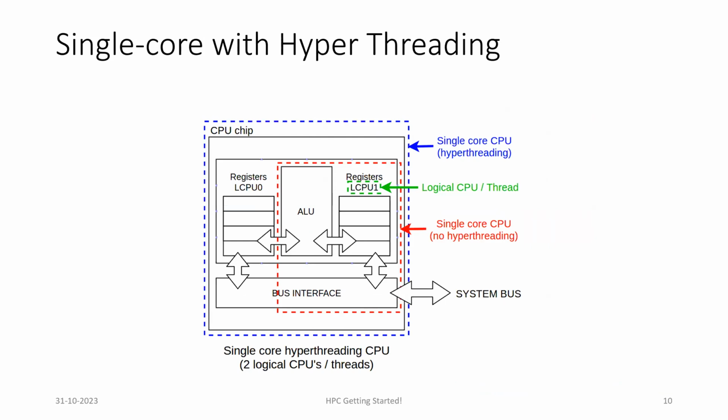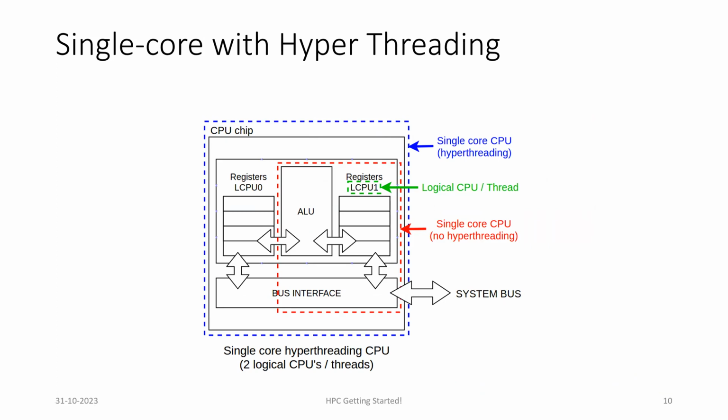So if you look at one particular core here, if we consider a single core CPU with hyperthreading enabled, it would have 2 register files, 1 for each of the threads. And also a few other status registers like the PC, etc. will be maintained.